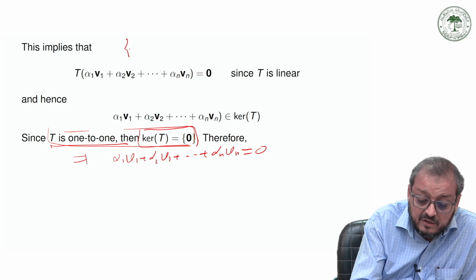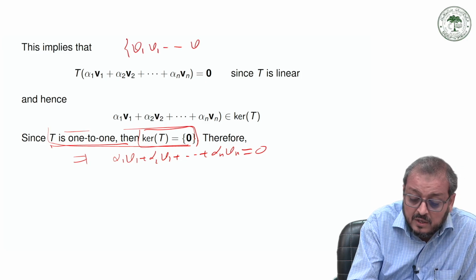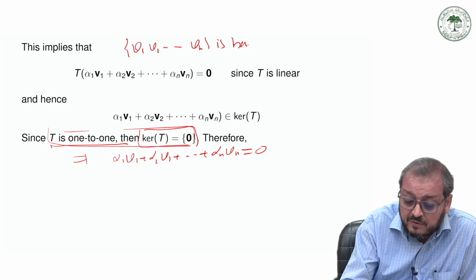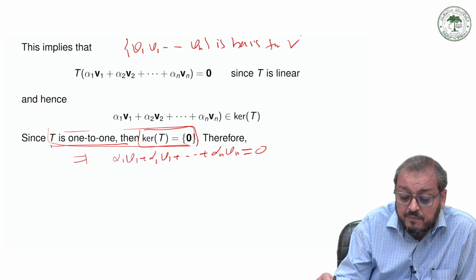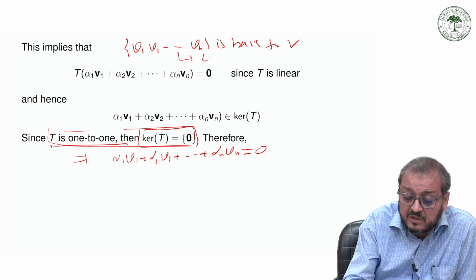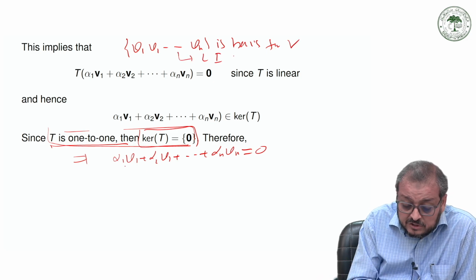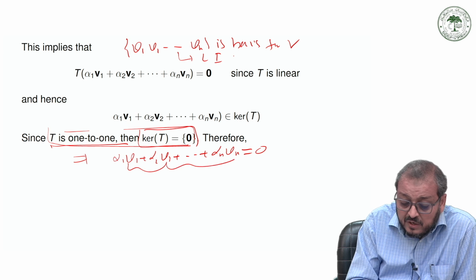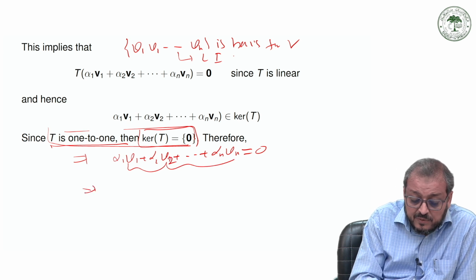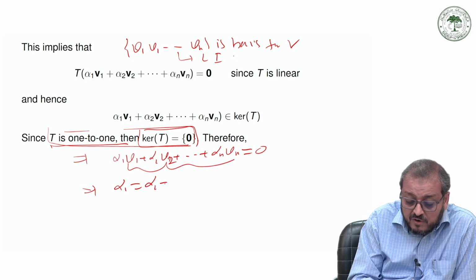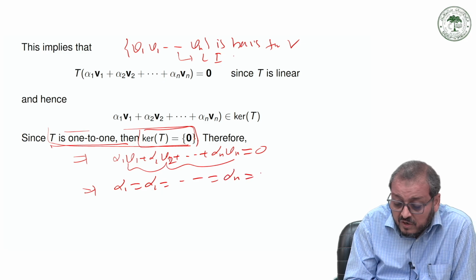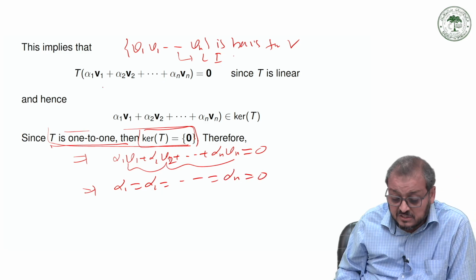And we know that V1, V2, ..., Vn is a basis for V, which means these vectors are linearly independent. So this implies that alpha 1 is equal to alpha 2 and so on up to alpha n, which is equal to 0. So each of the scalars is equal to 0.